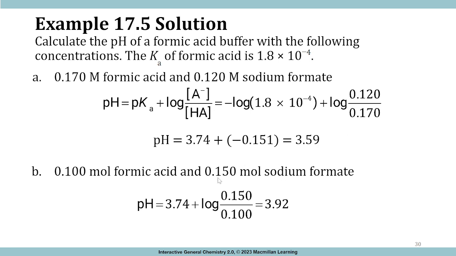So I'm going to take 0.15 divided by 0.1. I'm going to take the log of that. And then that's going to be plus that 3.74 that I got for the pKa. Notice that this value is higher because now we have more base than acid, right? And so we get 3.92 for our pH. Isn't that nice?